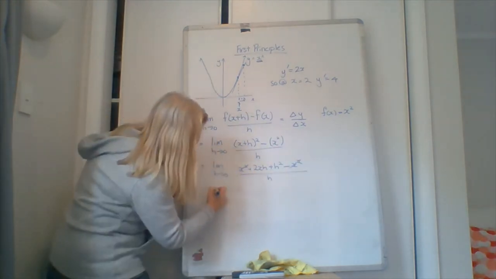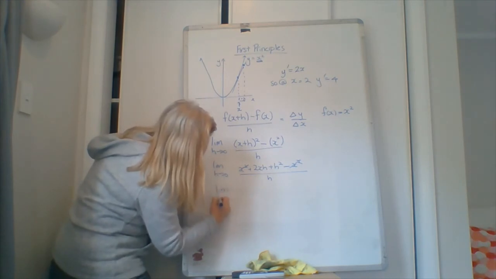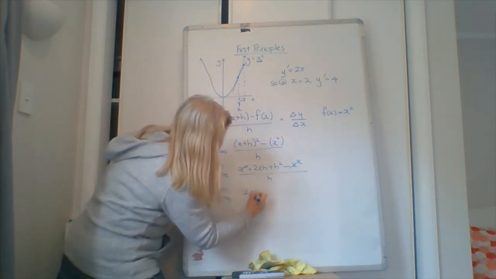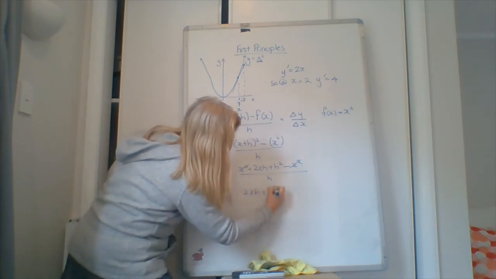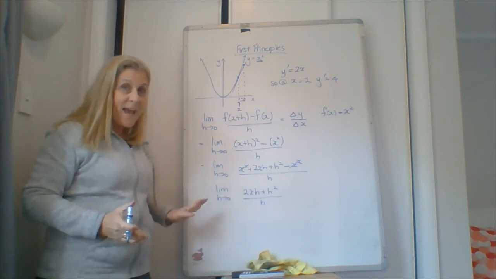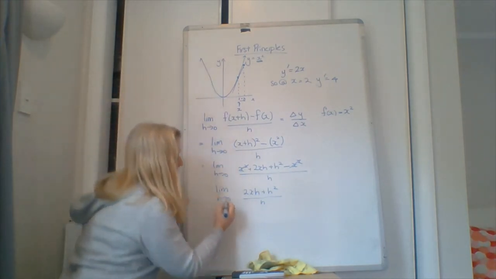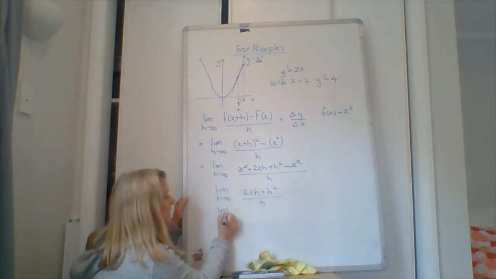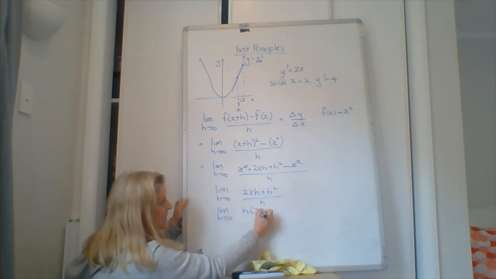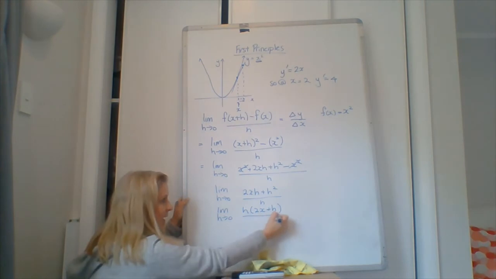So now we've got the limit as h approaches 0 of 2xh plus h squared over h. We want to take out h now. So we've got the limit as h approaches 0 of h times 2x plus h, over h.